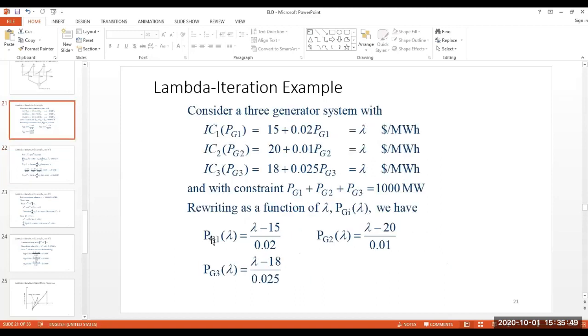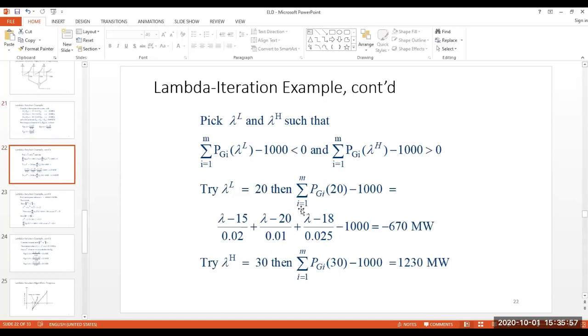Remember, PGi are now these. What we have done is simply put lambda equal to 20 there, and then subtracted 1000 from that summation, and we get some negative value. So we pick it as our lambda L. Remember, the lambda L condition has to be satisfied by this expression: lambda L should be such that this error function becomes negative. So 20 satisfies this.